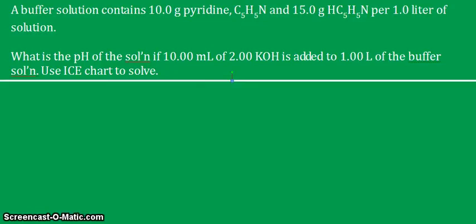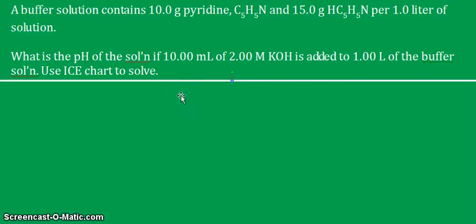Now the second question for this specific problem that we'll try to solve in this video is: what will be the pH of the solution if 10 mL of 2.00 molar potassium hydroxide is added to 1.00 liter of the buffer solution that was mentioned earlier?